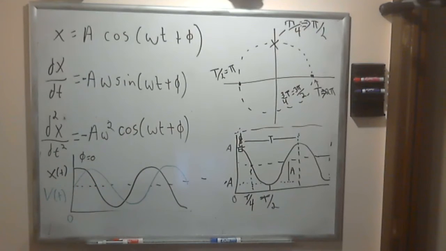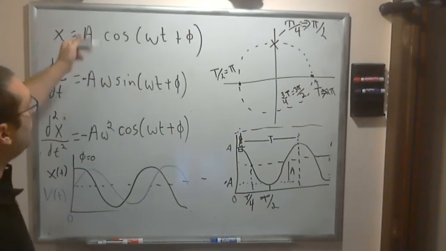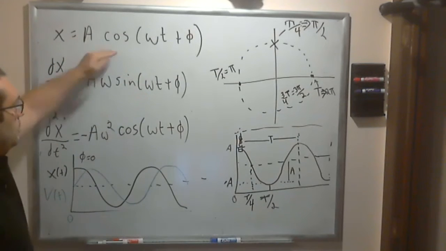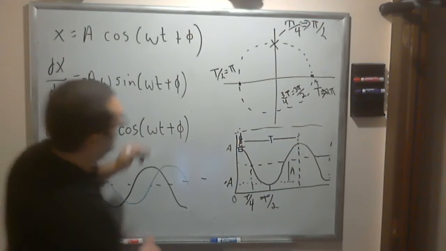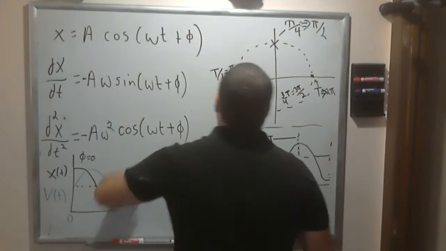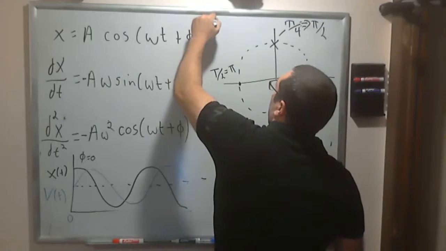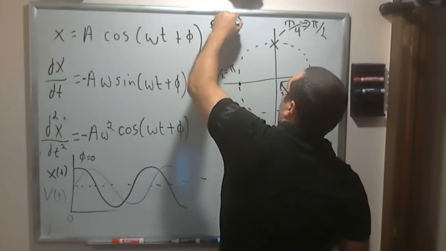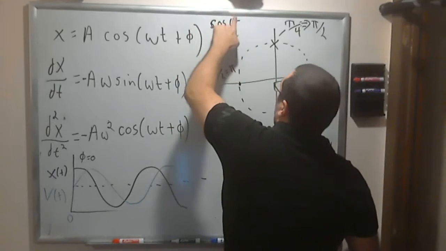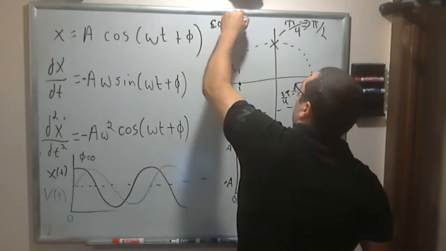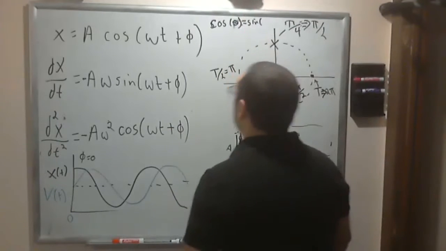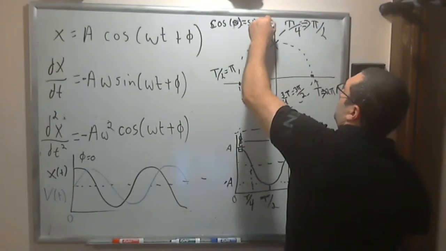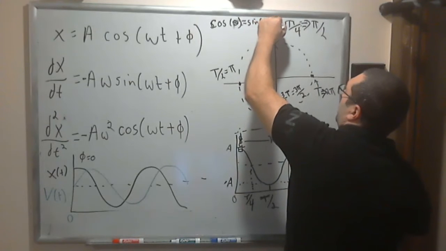And this corresponds to cosine and sine being 90 degrees out of phase. Remember this identity: cosine theta is equal to sine of theta minus pi over 2.